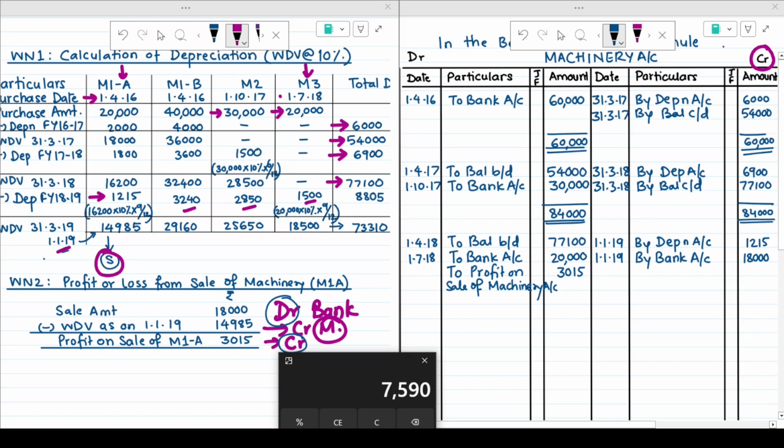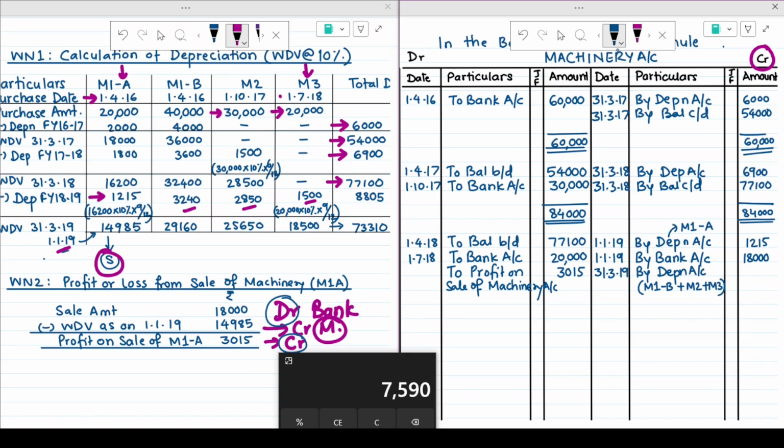So the amount is 7,590. This we will pass on last day of the year, right? 31st March 19 by depreciation. This one is on M1A and these depreciation is on M1B plus M2 plus M3.